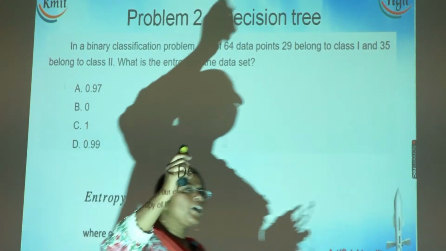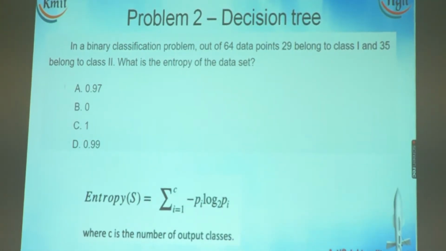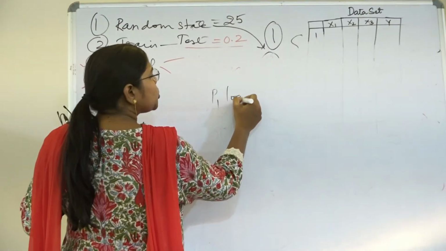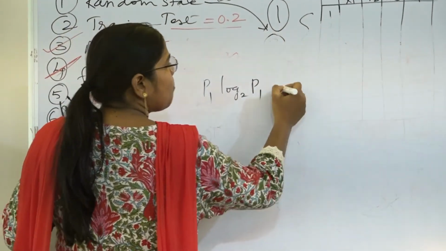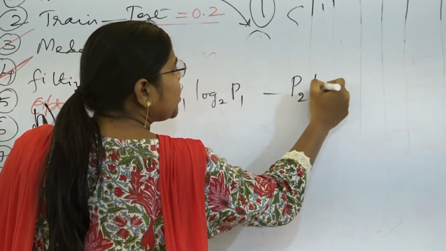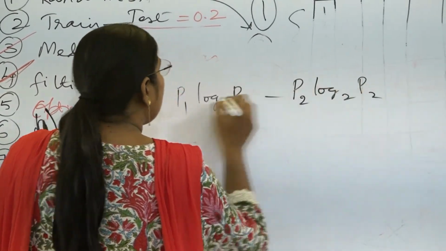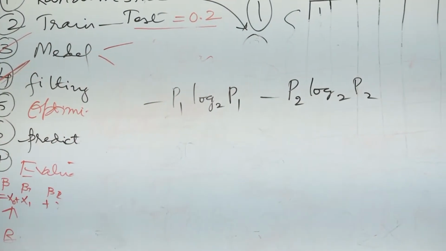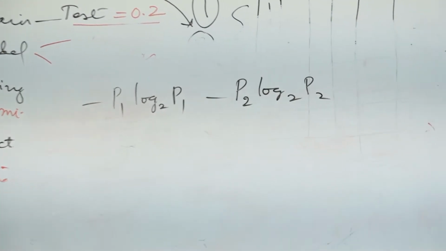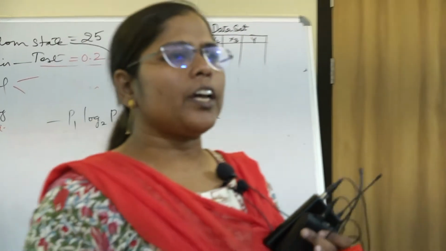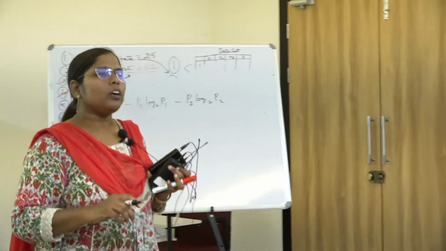How many are able to do entropy? Please raise your hands. Yes. How many classes are there? We have 2 classes. So we write it as minus P1 log base 2 of P1 minus P2 log base 2 of P2. You need to take the minus over.